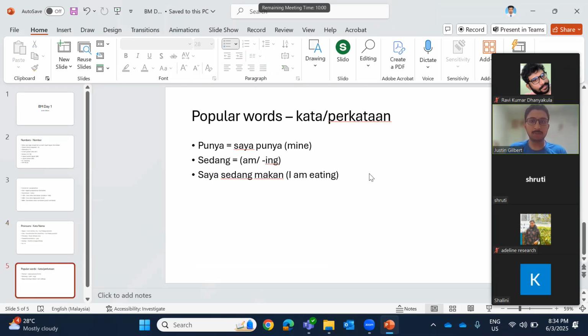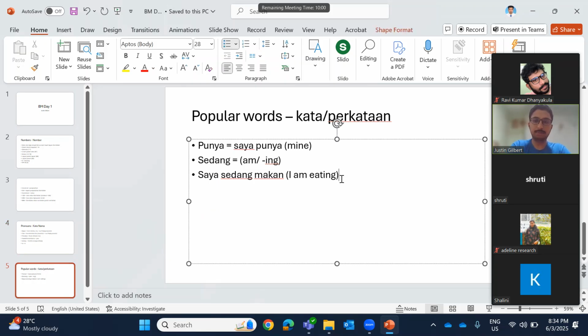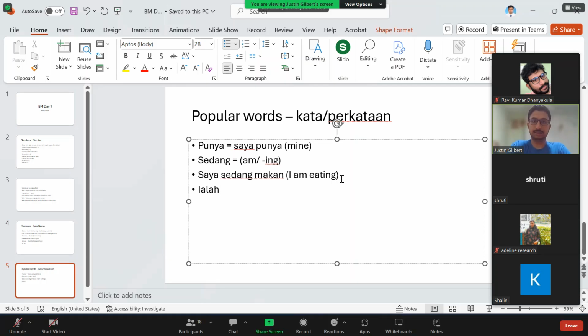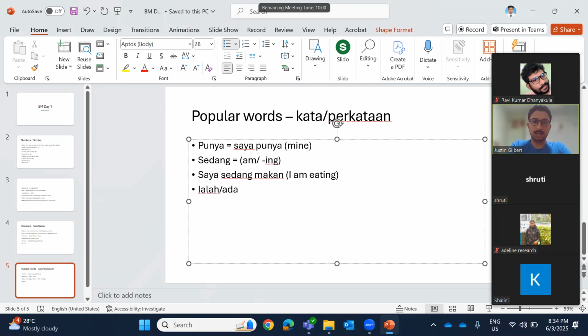And there are more common words that we have. As you will see, I built some example sentences using them. For example, ialah or adalah, which is "is". Not "am", but "is". Because it changes to an apostrophe, it could be a bit confusing.